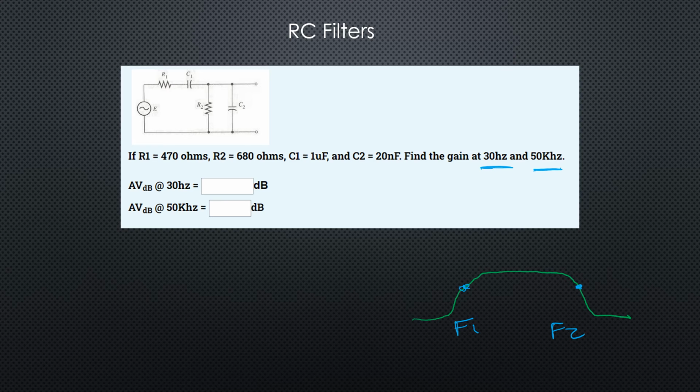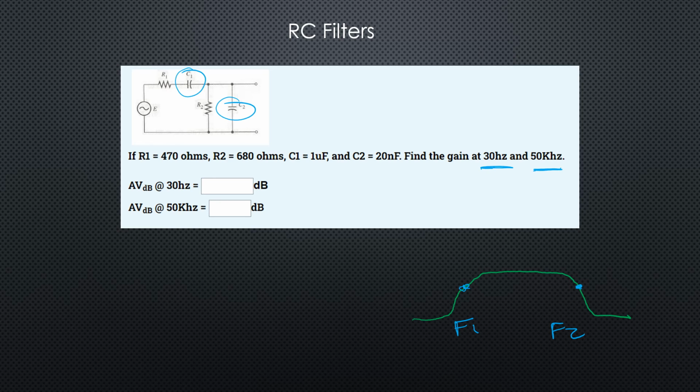So we know that at the cutoff frequencies, X of C's are going to be equal to the R Thevenins. And we know that this coupling, this guy right here, is going to affect our FC1, and this guy right here is going to affect our FC2.